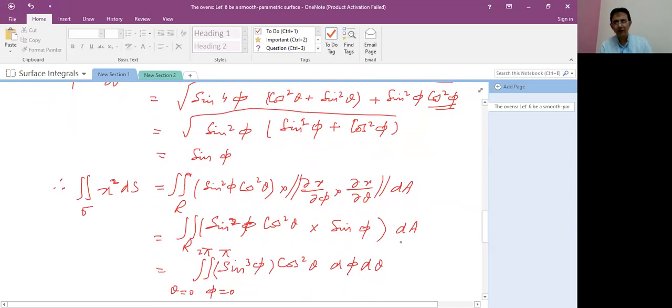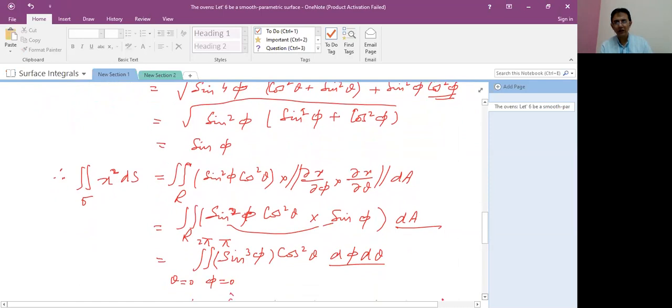So sin square phi cos square theta multiplied by sin phi, which together is sin cube phi cos square theta.